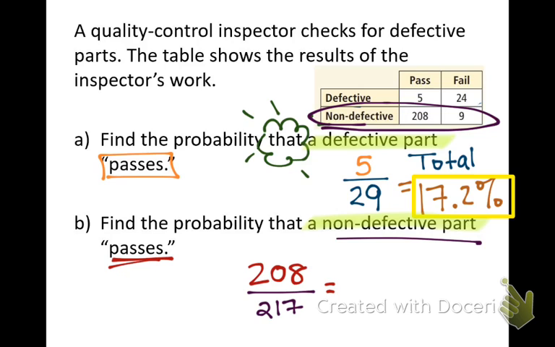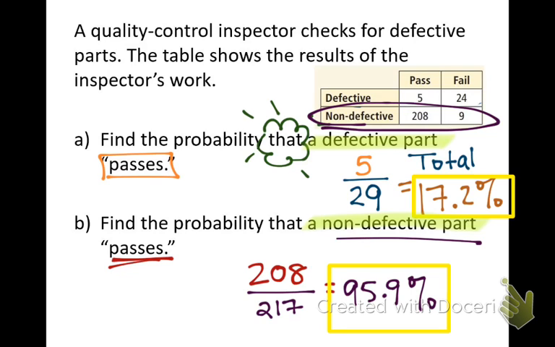What is 208 divided by 217? 95.9%. My bad. Okay, so there's that.